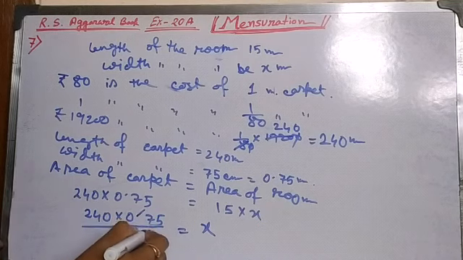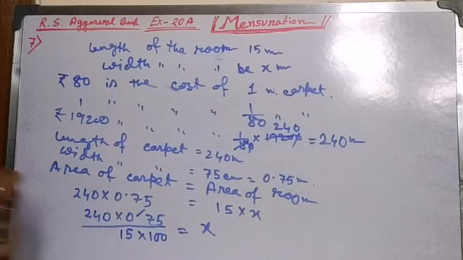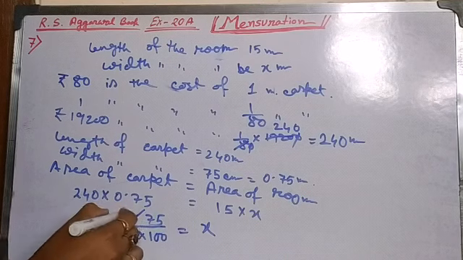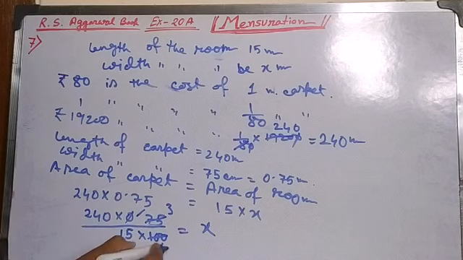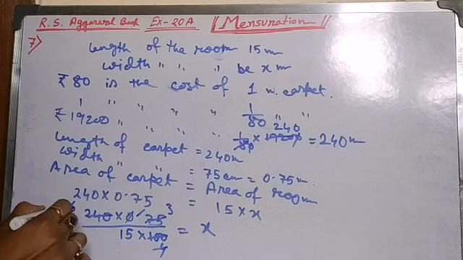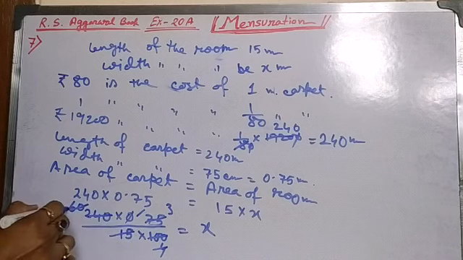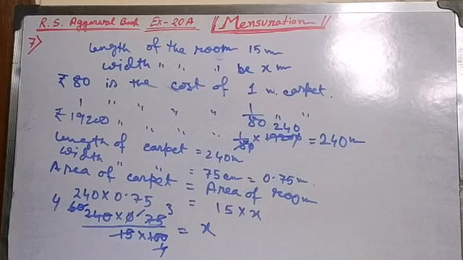Then for this point, 100 will come down. Then by 25 we can cut it. By 4 this is 60. 15 4s are 60. So 4 into 3, that means 12. x equal to 12.